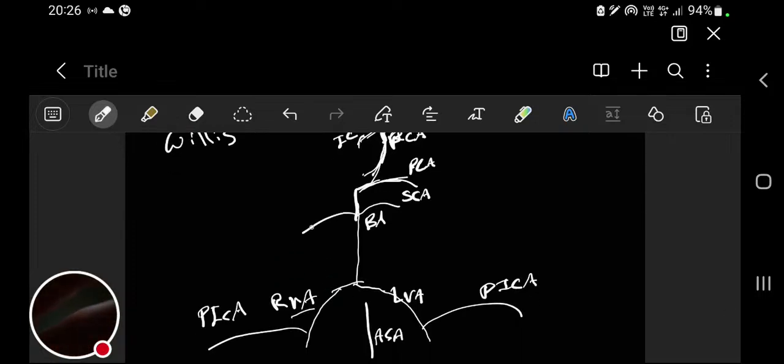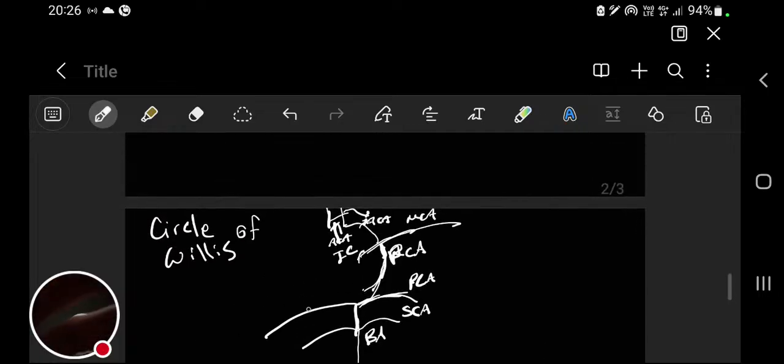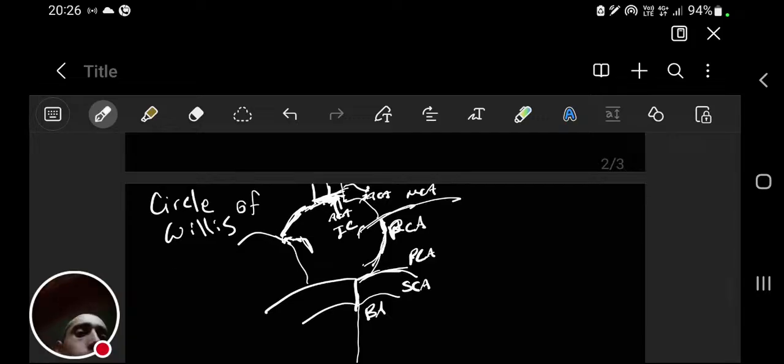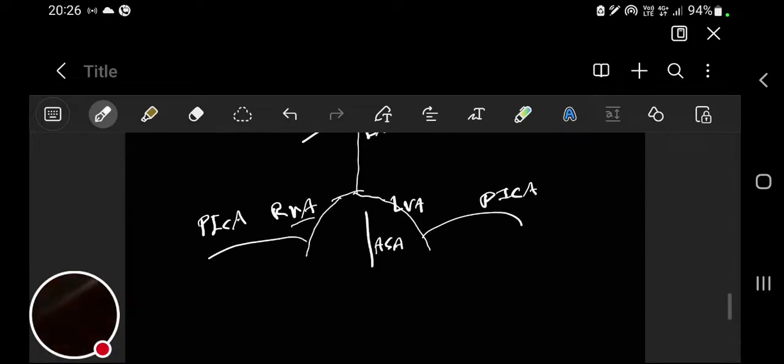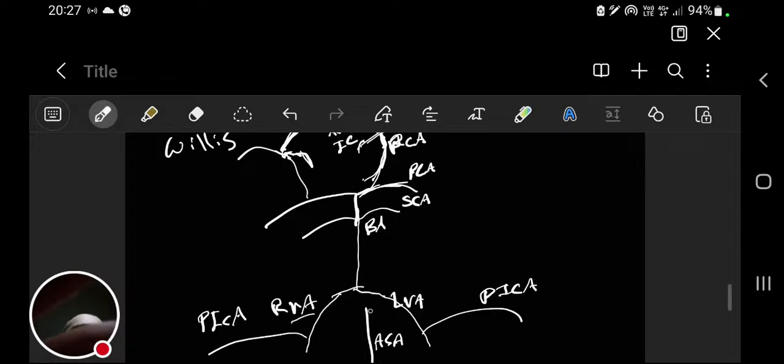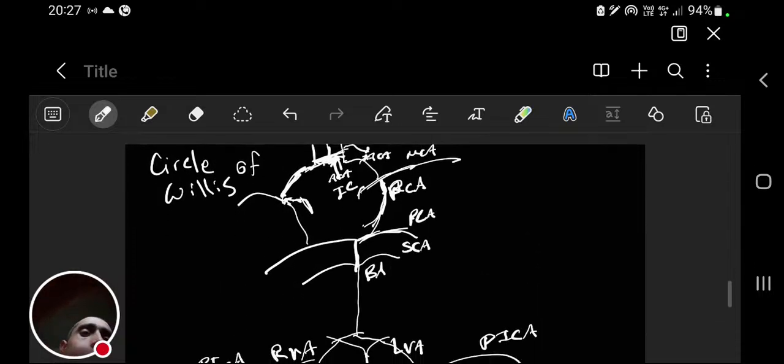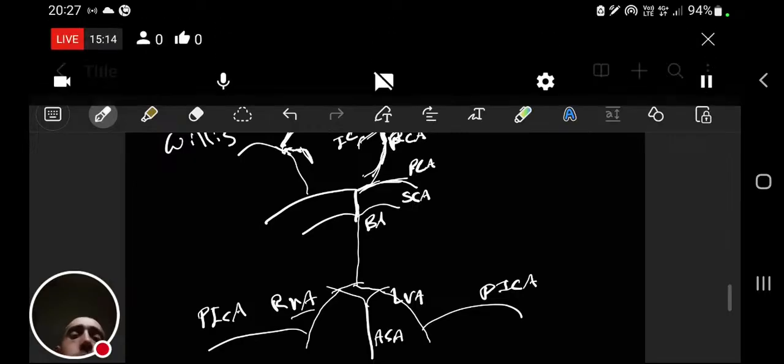The same goes for the other side: posterior cerebral artery, middle cerebral artery, internal carotid, anterior cerebral artery, and the anterior communicating artery right over here. This is the circle of Willis, with a very bad artistic style.